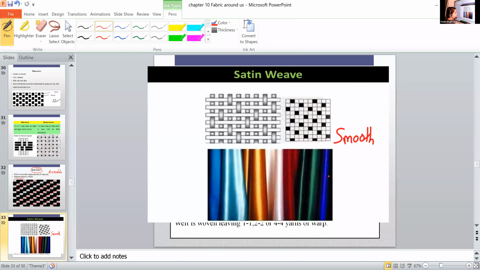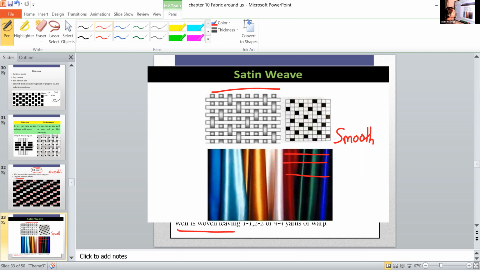The weft yarns or the filling yarns are not clearly visible in the satin weave, and one side of the weave is very smooth. The satin clothes are very smooth on one side, right? Sana, the satin weaves are very smooth, right? Yes, that is mainly because the weft is woven by leaving some yarns.